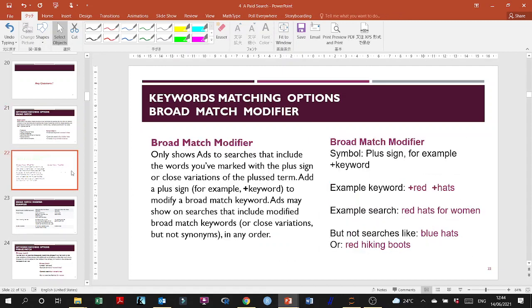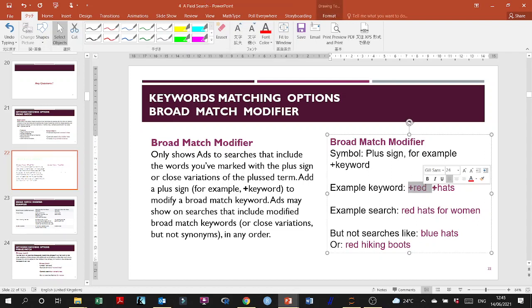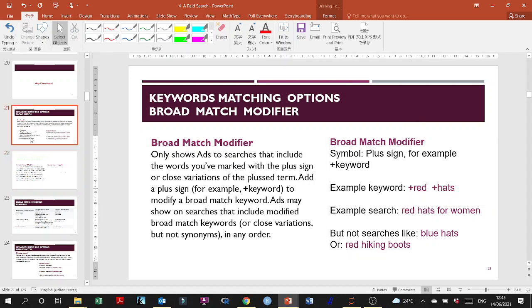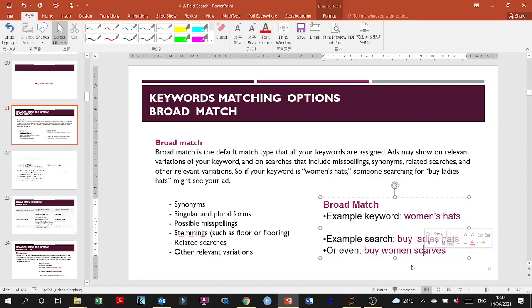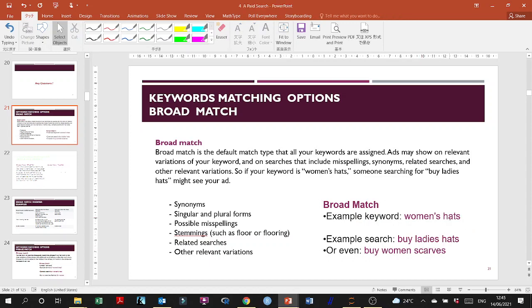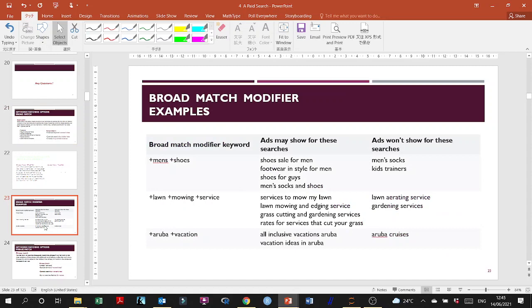With the broad match modifier, you should have the keywords that have the plus sign. So red should always be there, and hats should always be there, for women, for men, for kids, whatever it is. Over here, for example, there were no hats, there were scarves. Scarves are a very distant relative, but it was there in the broad match.